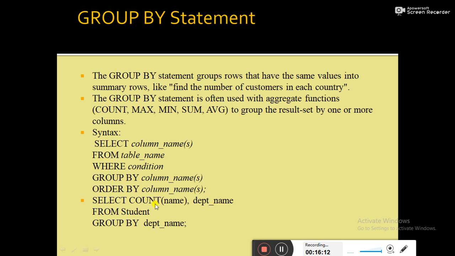So that is how we can count how many students are present in each department. So group by is basically used to form a group based on a specific attribute. Here we are forming a group based on department name, and after forming the group on the department name, we are counting the attribute name.